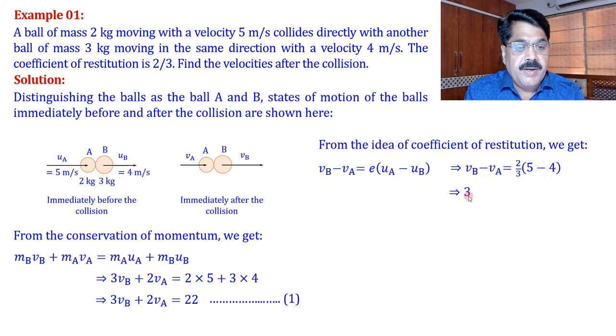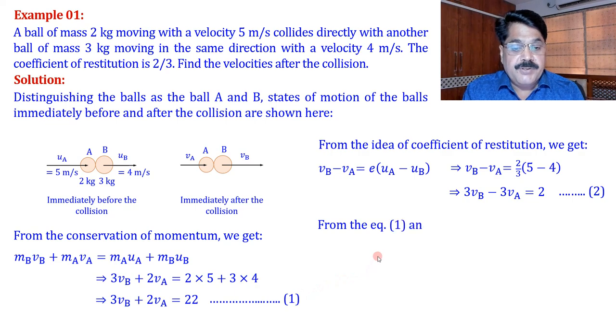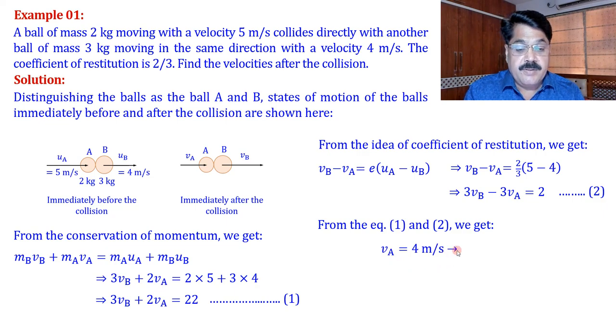So ultimately we get 3 VB minus 3 VA is equal to 2, equation number 2. By solving equations 1 and 2, we can find VA and VB. We get VA equal to 4 meters per second towards the right, and VB equal to 4.67 meters per second towards the right. Both the balls will keep on moving towards the right.